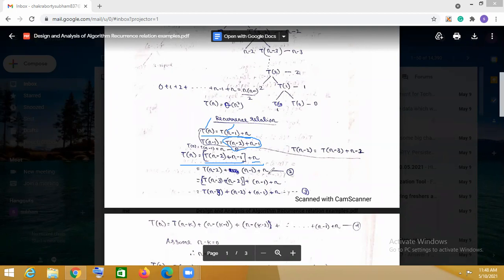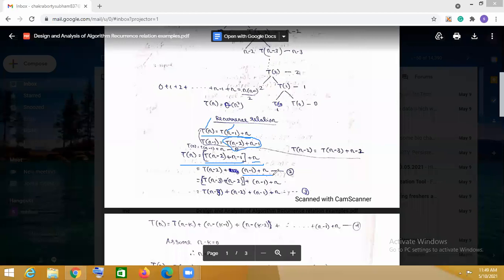When you solve this type of problem, one thing you should remember: please do not add these terms. You could say it is n square plus 2n minus 1, but do not add these terms. Put it in this way, n minus 1 plus n, because it will be easy for you when you put the formula.